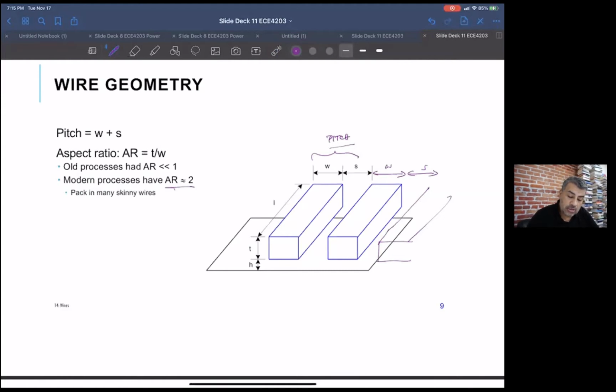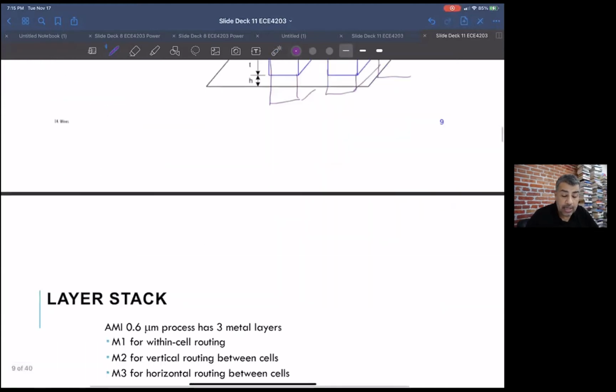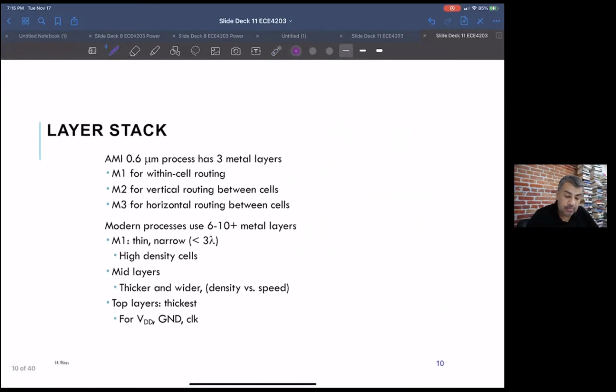In reality, they tend to look kind of like this. They tend to be tall and narrower. That's sort of this aspect ratio of 2 is what you would normally expect. And we'll see how that affects capacitance.